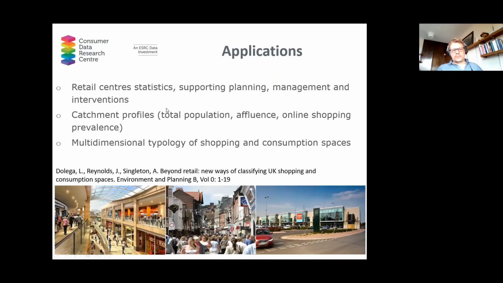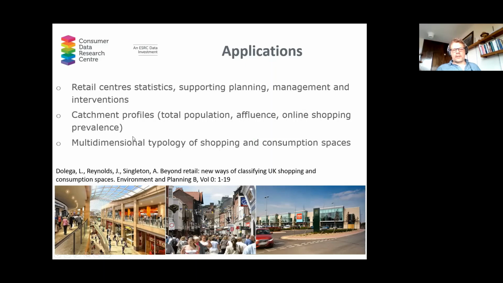In academia, we work with that as well, and we use retail catchments and retail centers to create something we call a multidimensional typology of shopping and consumption spaces, retail centers, in other words. Rather than looking at the hierarchies from high to low, we look at centers in a different way.